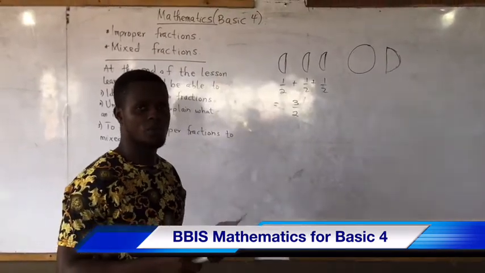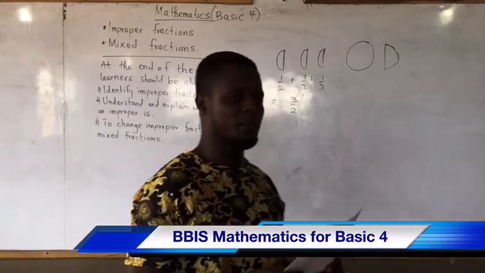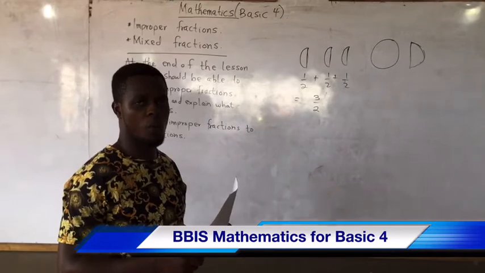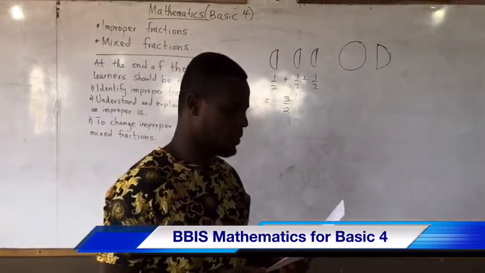To summarize, an improper fraction is a fraction which is more than a whole or one whole number.